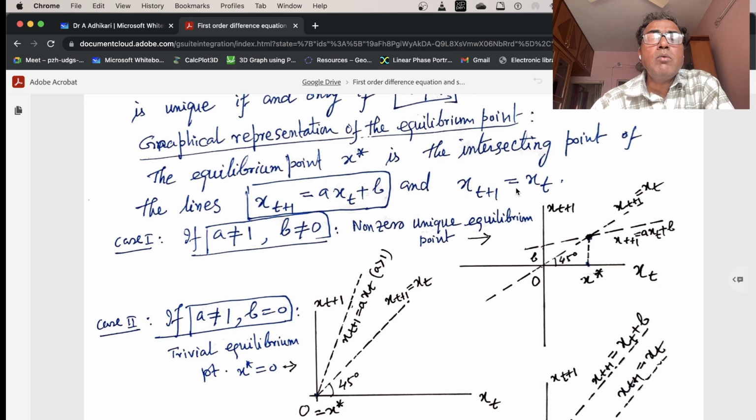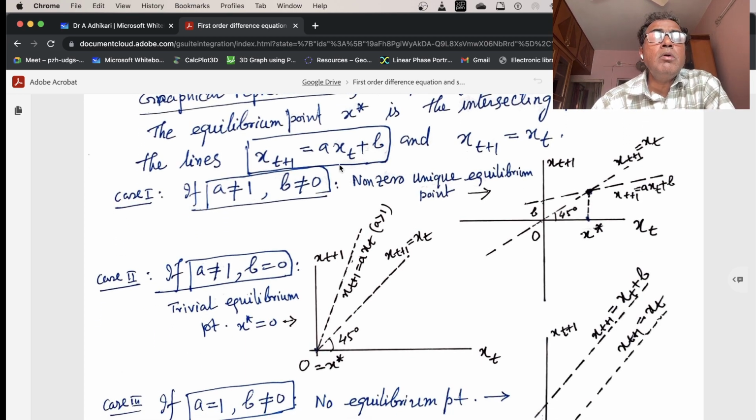Now case 1: if a not equal to 1 and b not equal to 0, then xt plus 1 equal to xt is the diagonal passing through the origin. Put xt plus 1 equal to y and xt equal to x. So xt is the horizontal axis x, and consider the vertical axis xt plus 1 equal to y.